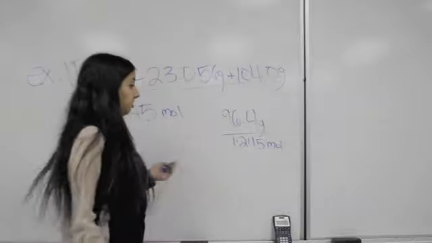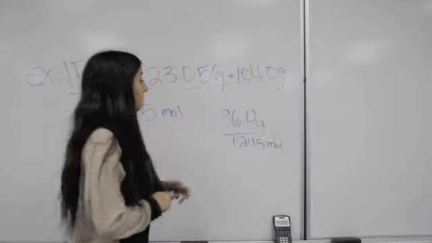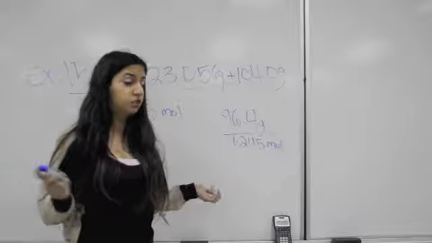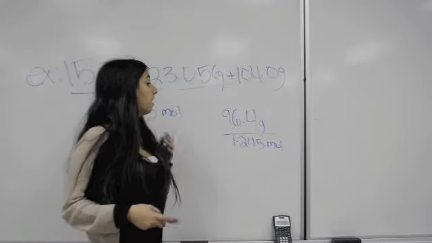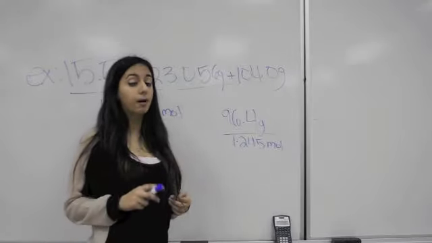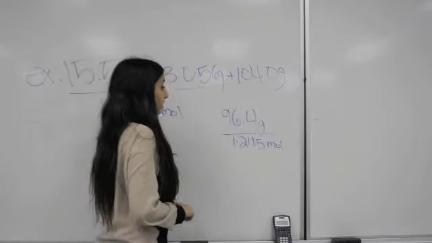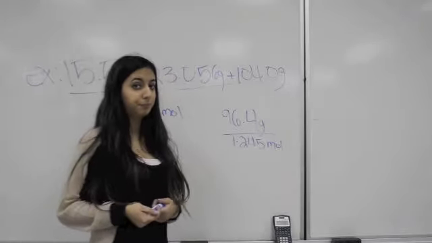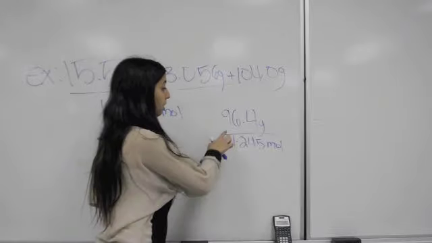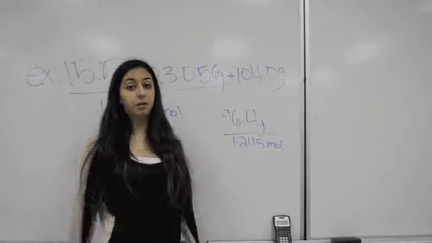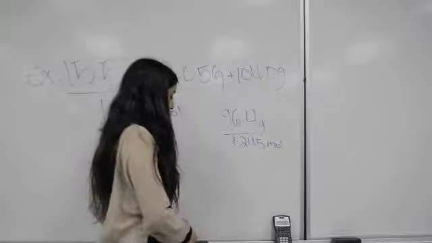Now this is a division problem, so we're going to need to go back to our multiplication and division rules. What we know is that our answer must have the same amount of significant numbers as the least amount of significant numbers in our original problem. So in this case, it would be 96.4 because that has 3 sig figs.